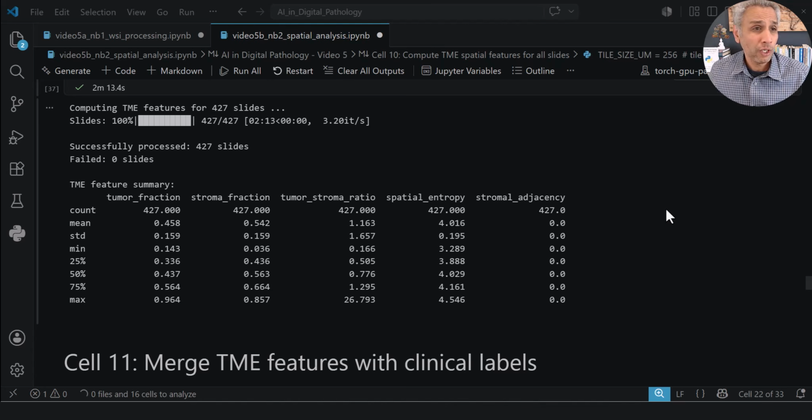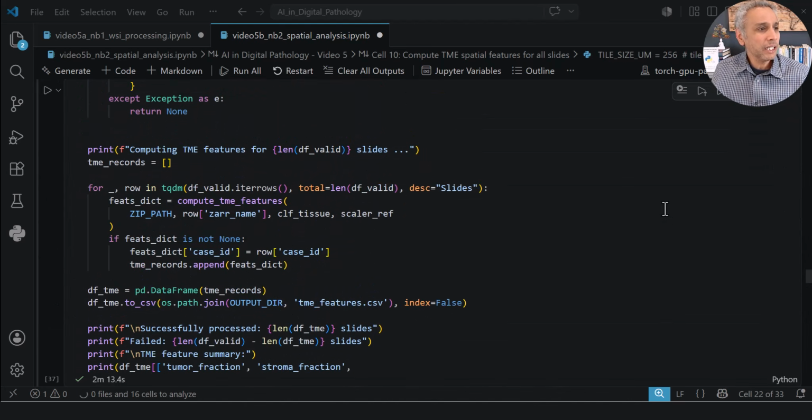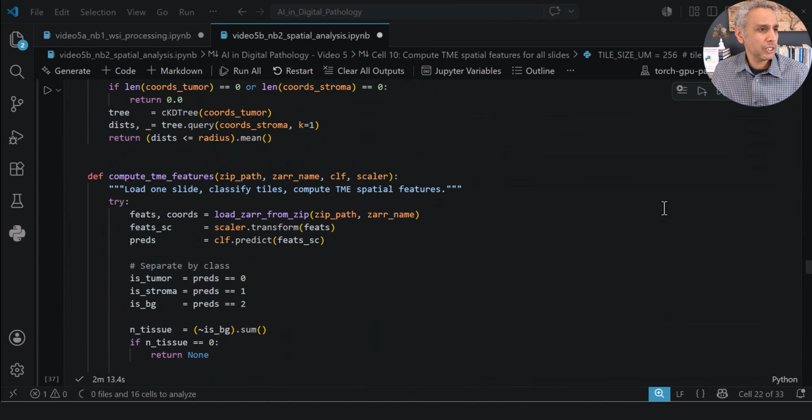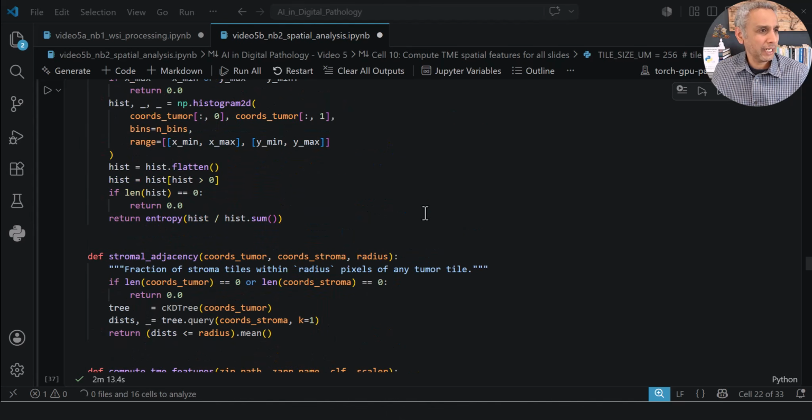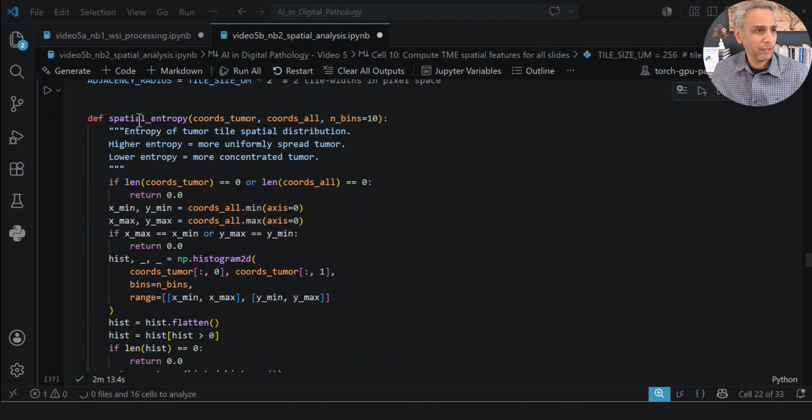By the way, one of the reasons why this is a little slow is that we're calculating spatial entropy. It bins the tumor tile coordinates into a 10 by 10 histogram, our setting, and computes Shannon entropy. That's a relatively slow process.